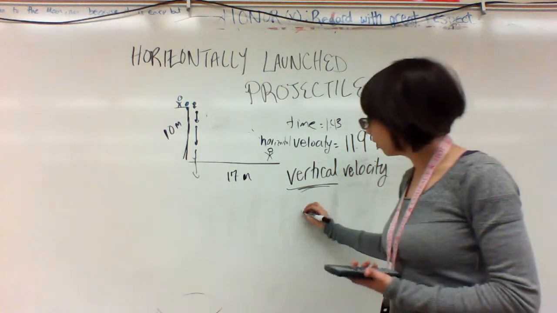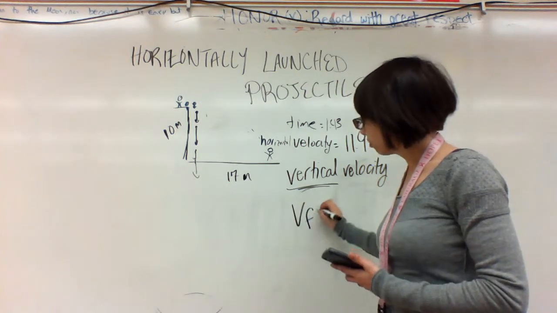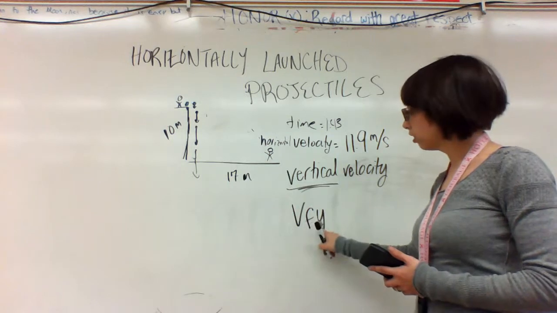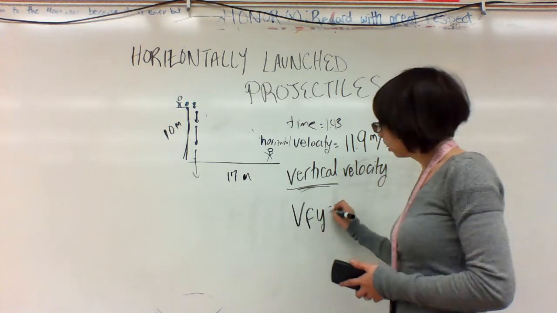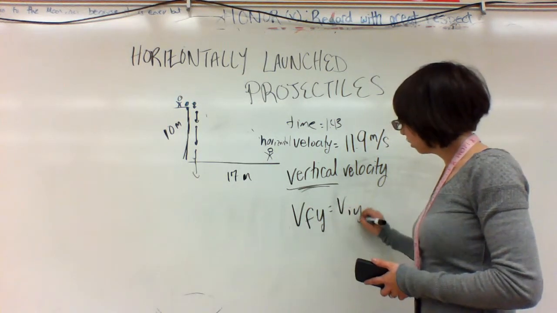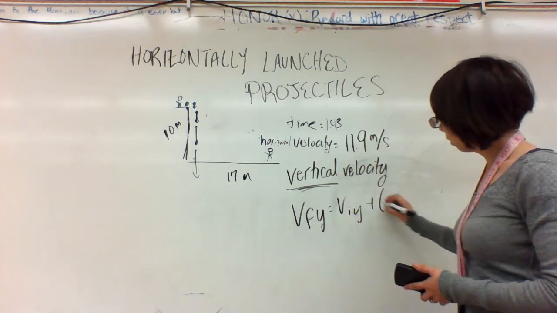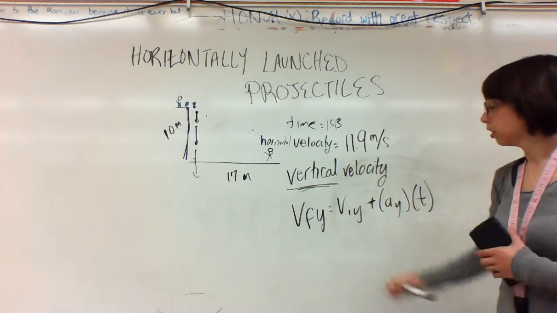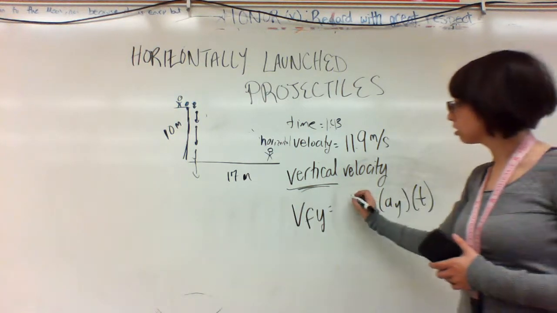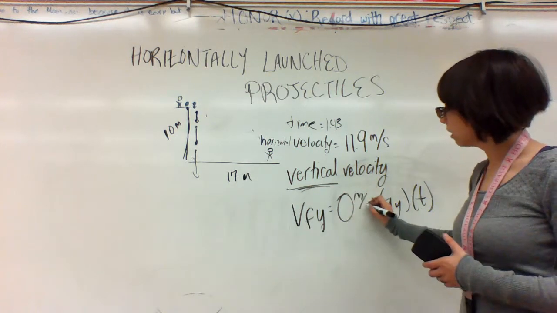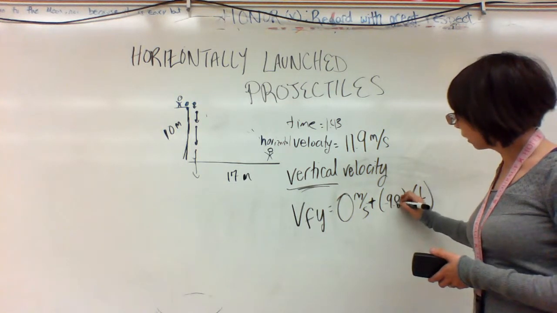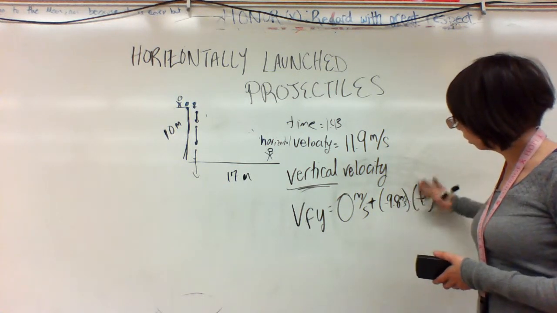All I would have to do is use the formula VFY, velocity final in the vertical direction, equals VIY plus AY times time. So I'll substitute my variables. VIY is 0 meters per second. AY is negative 9.8 meters per second squared.